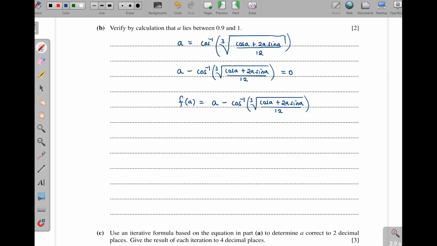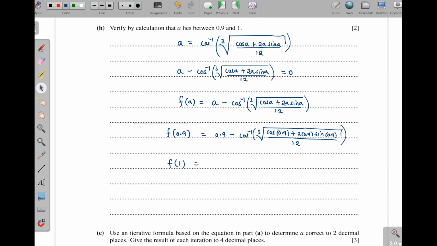Now, what do we get when we substitute the 0.9 wherever there is a, and also when we substitute a 1? So we shall get the 0.9 minus, let me write it, arc cos of the cube root of cosine of 0.9, then plus 2 times 0.9, then sine of 0.9, and then we divide this by 12.